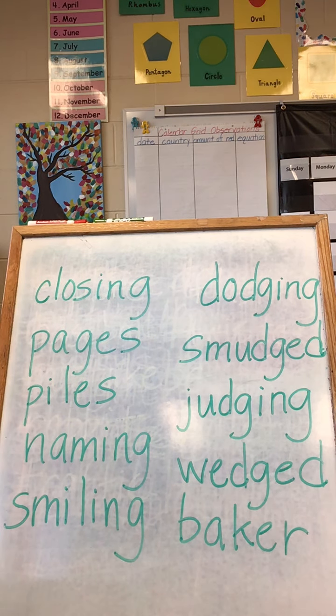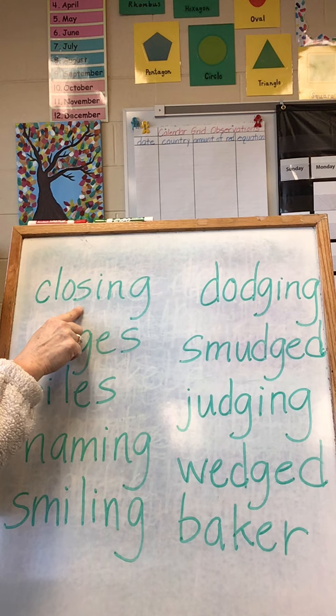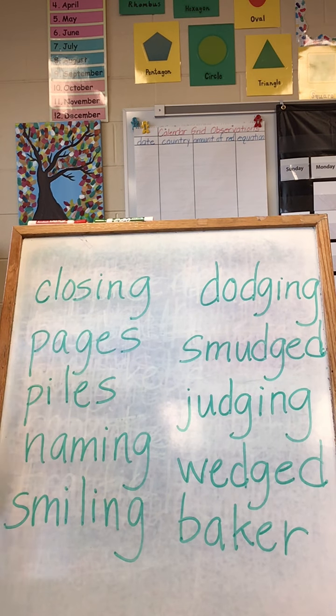Okay, I'm looking for a word that means the opposite of opening. It's an antonym for opening. If you said closing, you are correct. I'm looking for a word that means you are having to jump out of the way of something.